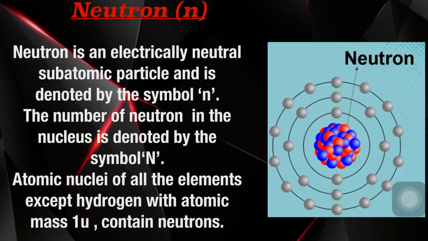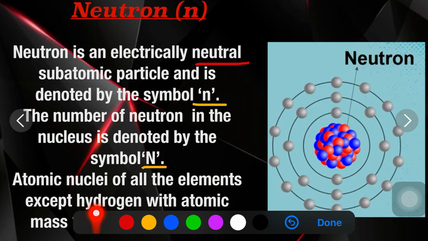Student, have a look at the image on the right hand side. In between, you can see red color and blue color dots. Once again, I will tell you that this coloration is only for your reference. The red color I have given as a neutron, and the blue color is a proton.